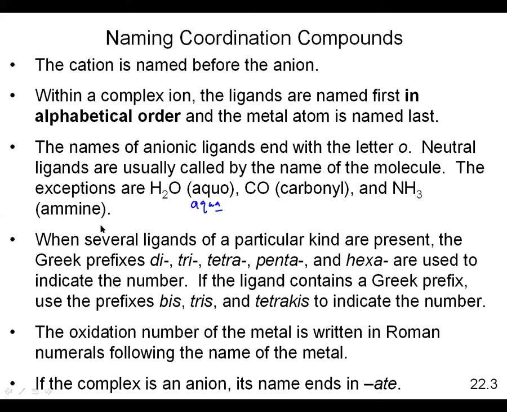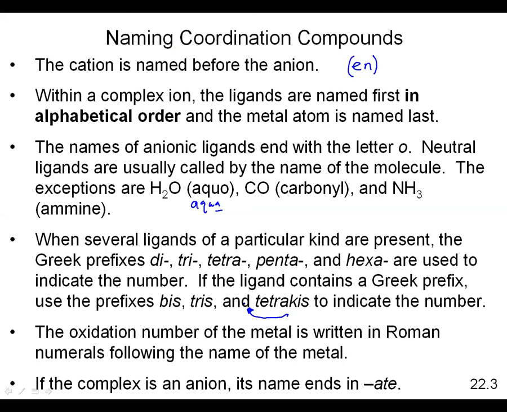You would use bis, tris, or tetrakis if you have more. The common one you come across a lot is en, which we saw earlier, known as ethylenediamine. In its actual name it has that diamine part. Because it has that di part in its name, if you had more than one of them, you would default to these prefixes. We'll see that as we go along.